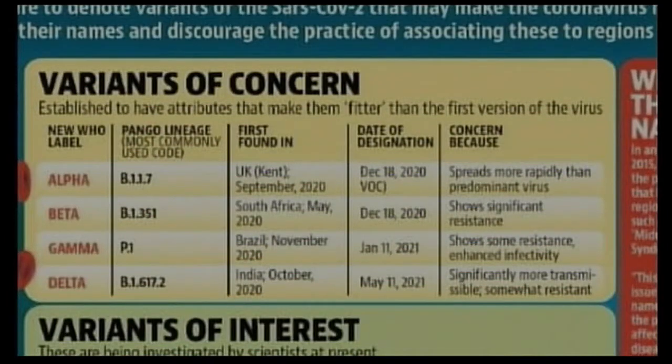And that one was first detected in India. Now that accounts for more than 50%. To be exact, the last update was in June of this year, where it accounts for about 51.6% of infections in the United States.